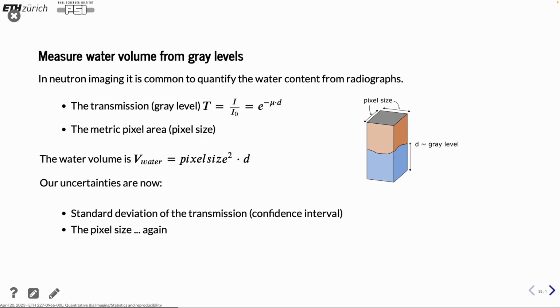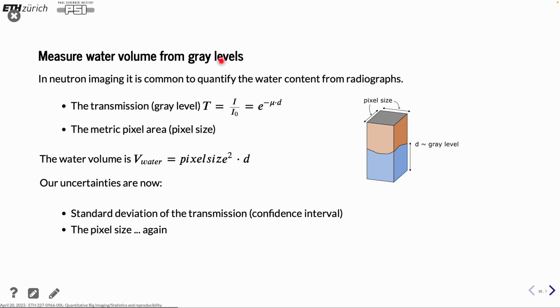And the last example I want to show is how to measure the water volume from gray levels. And that's something we do within neutron imaging, that we extract images that actually show only the contribution by water. So the gray level in the images comes from the transmission.